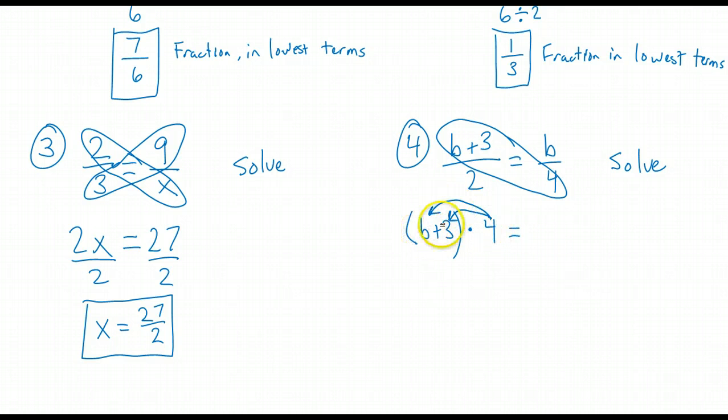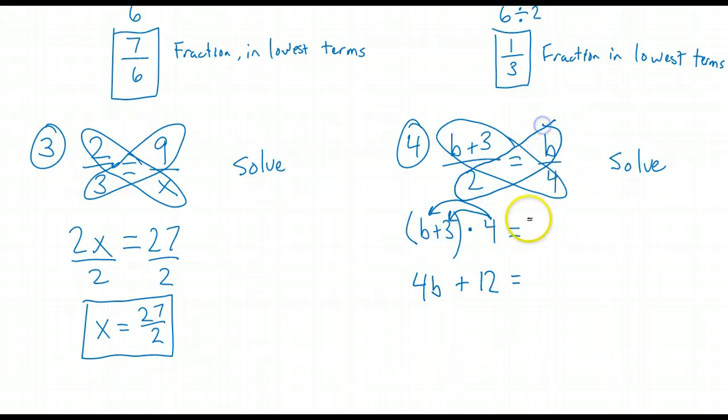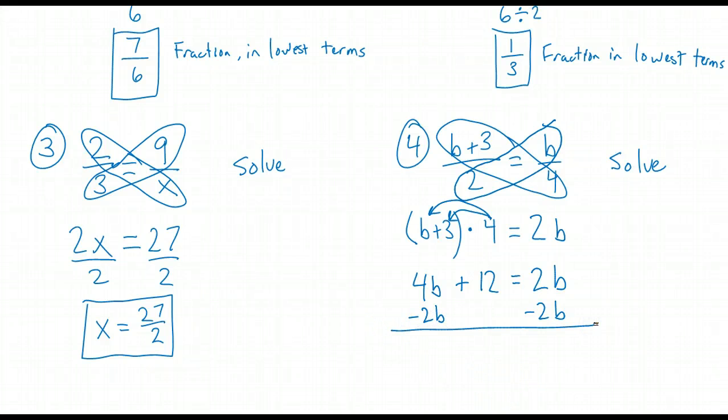b times 4 is 4b. Keep my plus sign. 3 times 4. And I'm going to set that equal to 2 times b. Now after I've distributed, I can keep solving for b. Collect all my b's on one side of my equal sign. 4b minus 2b is 2b.